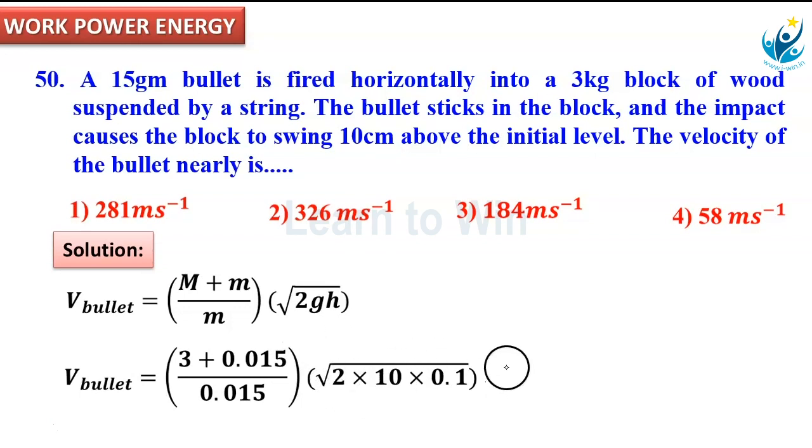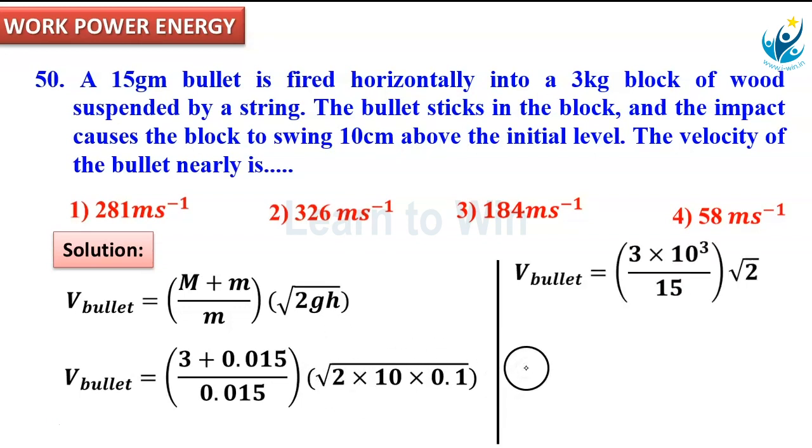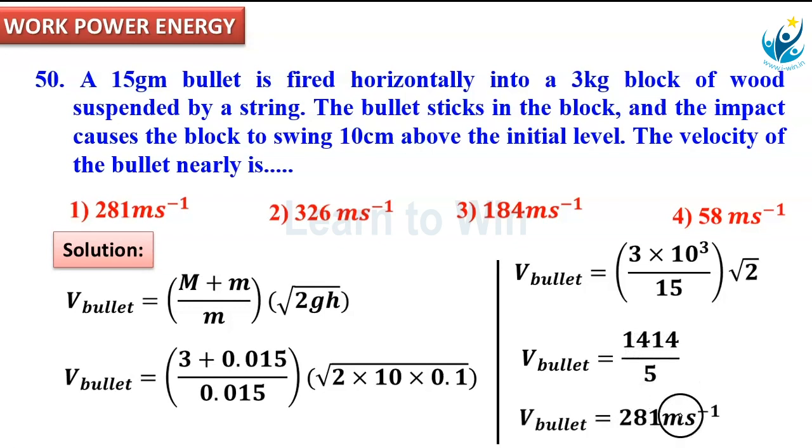After substituting and further simplification, we get 281 meter per second as the velocity of the bullet.